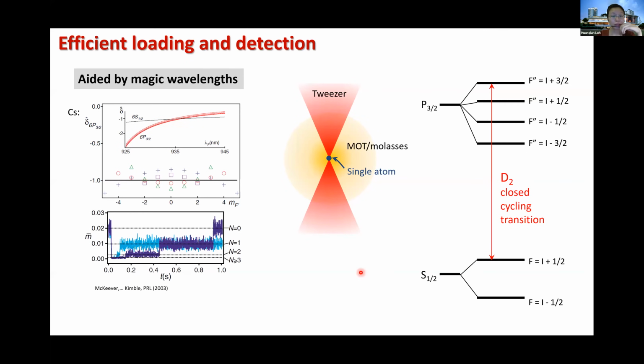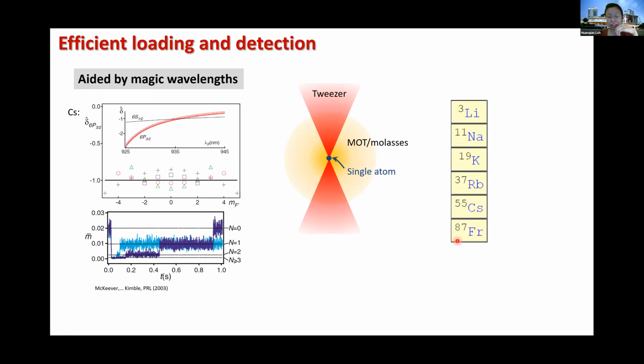And this was first exploited by the Kimble group in 2003, where they used the D2 magic wavelength in cesium to detect single atoms in their cavity. And in fact, this idea of using magic wavelengths is not particular to the alkali atoms. They are also one of the reasons why the alkaline earths are very popular. They tend to have magic wavelengths, and these magic wavelengths are in fact relatively short.